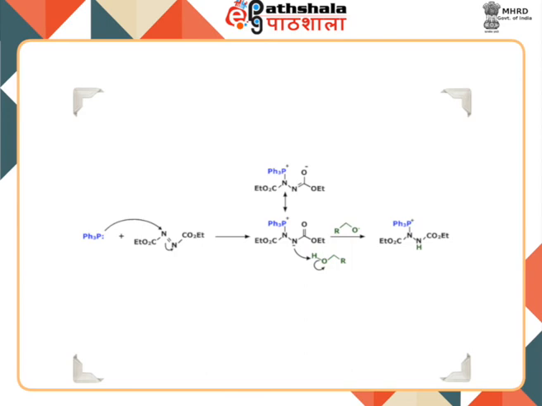Moving further, this RCH2O minus will be attacking on the positive part of phosphorus, and as it attacks then these electrons further move toward the nitrogen and the PPh3 gets cleaved from this species, and what you get is RCH2OPPh3 with a plus charge.